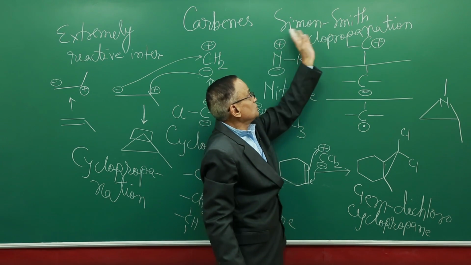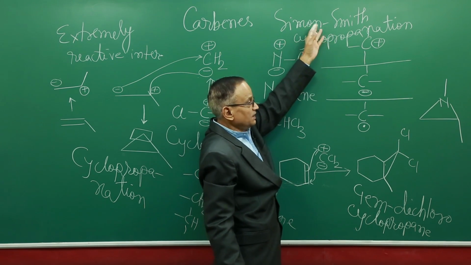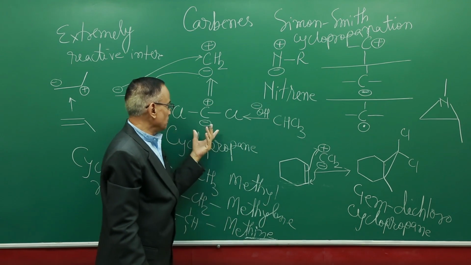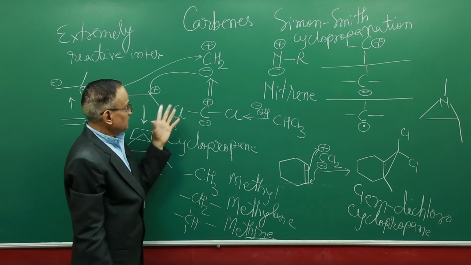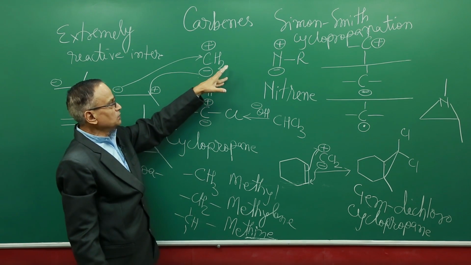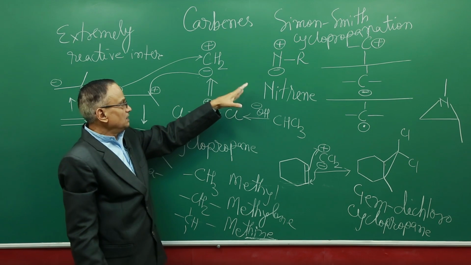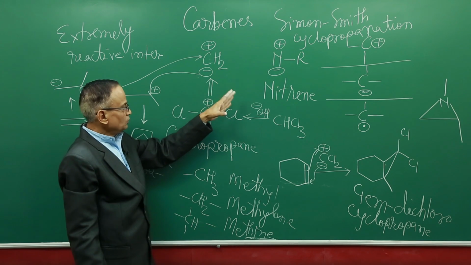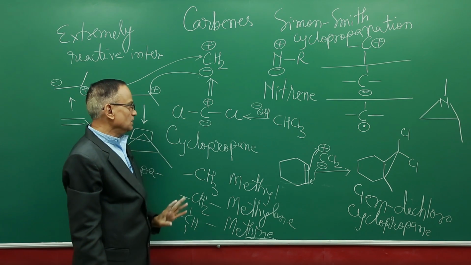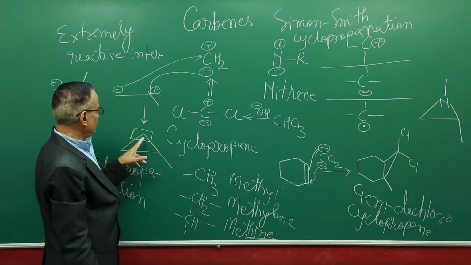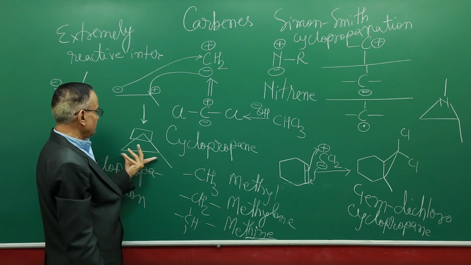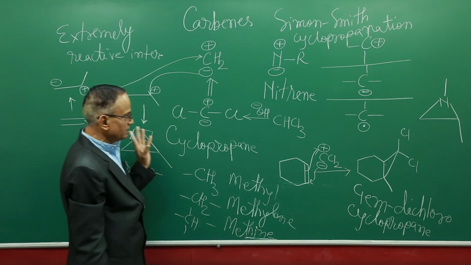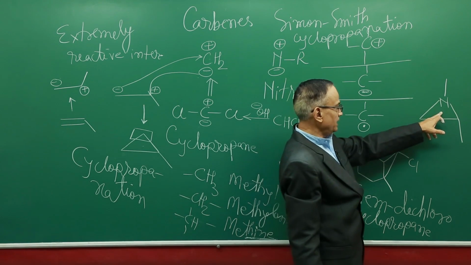These are the scientists who discovered this, and therefore their name is given to this reaction. So it is very useful for forming a 3-membered ring. But since they are very reactive, they also give some other reactions like insertion of hydrogen or some other reaction. So you get a number of side products also. But nonetheless, it is a very useful method because you get very ready formation of 3-membered rings, either cyclopropane or containing a nitrogen.